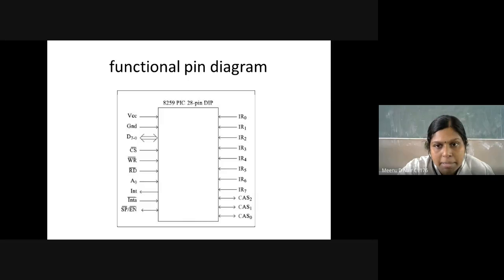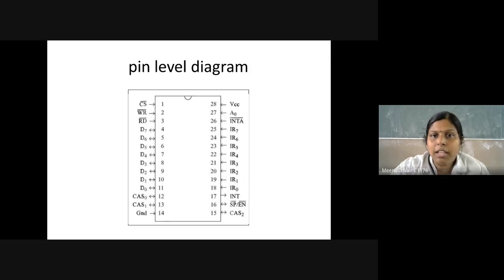This is the enable command. IR0 to IR7 are nothing but your interrupts which are available. CAS0, CAS1 and CAS2 are your cascade pin inputs. So the only thing is you need to remember this pin level diagram. All the pin details will be available here.